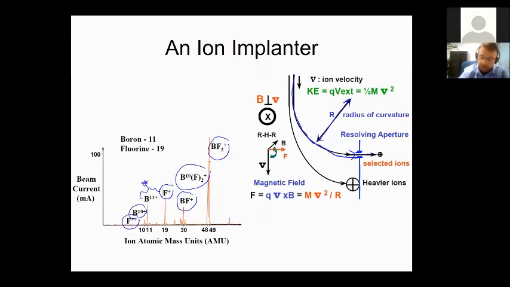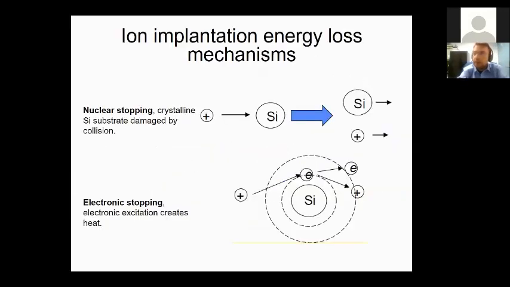And the other ones, the heavier ones, their mass will increase. See, in this simple equation, it's the Lorentz force equating to the centrifugal forces, if you're familiar. If not, that's not too critical, but what's happening is the R is proportional to the mass. So the radius, the trajectory can be predicted, and you can filter out these heavier ions. You can make sure that they won't infiltrate into your silicon surface.